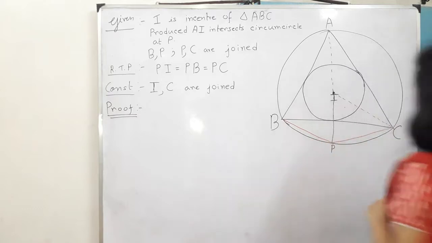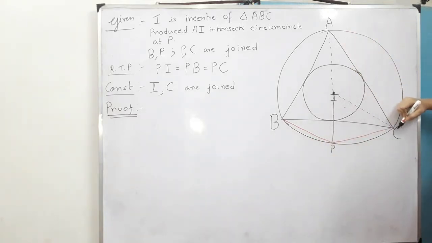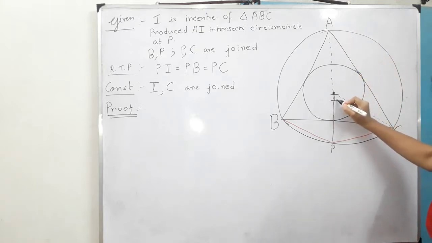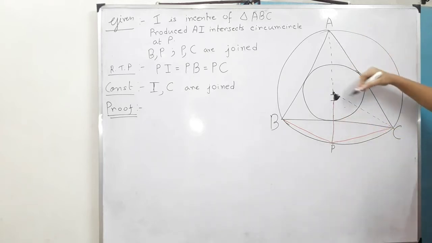First, observe this triangle properly. Triangle AIC. If I take this triangle, we can say that this one is the exterior angle. See properly once. Take triangle AIC.